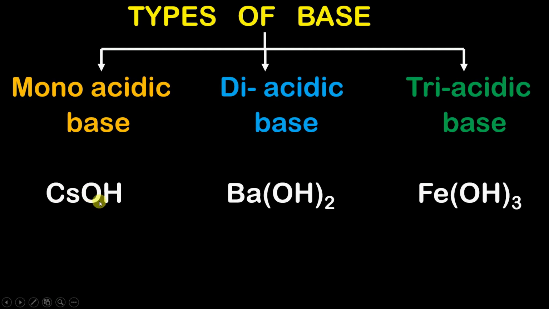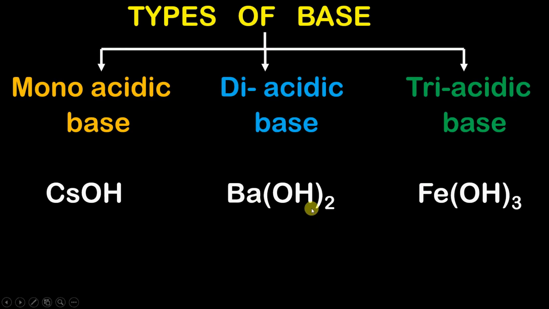When your cesium hydroxide is added in water, it is going to get dissociated and will give us one OH minus ion.